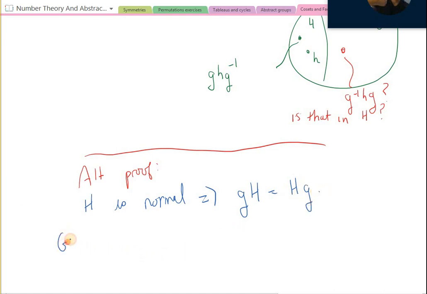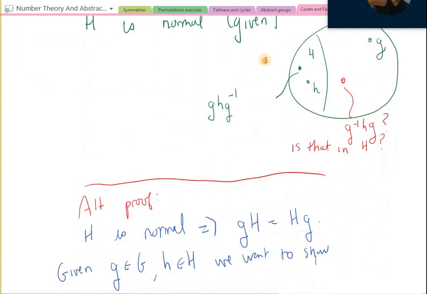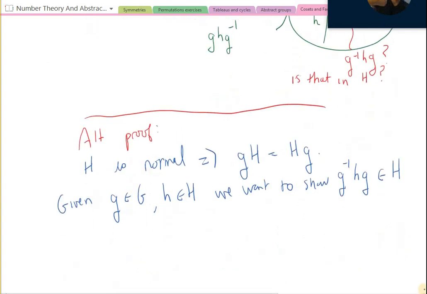Now, what we want to show, if we have a given g in big G and little h in big H, is that g inverse hg is in big H. All right, so let's see. How are you going to show that? Using this coset fact, how are you going to show this?